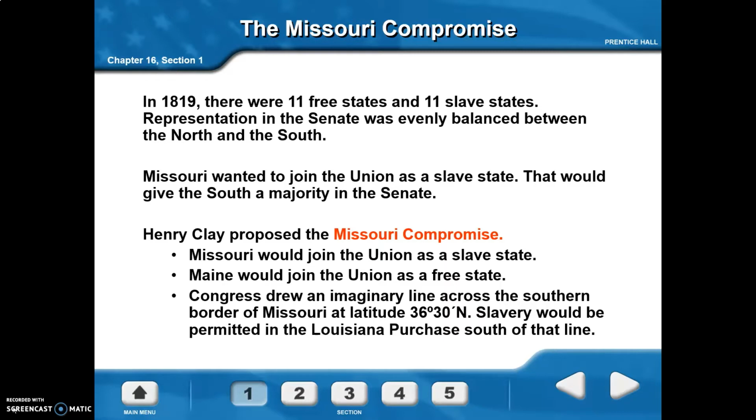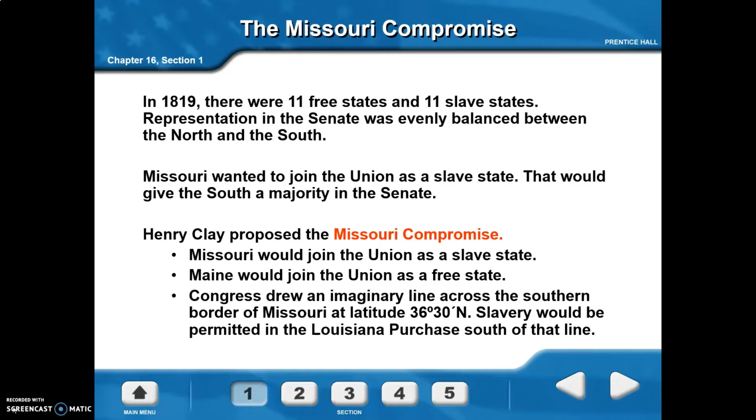And obviously, this state joining the U.S. as a slave state would favor the South more than the North. So they proposed that banning slavery in Missouri was a price that they had to pay so that they could be a part of the Union. That ban obviously made the South very mad, and they claimed that they had a right to expand slavery out west, the land that we purchased from the Louisiana Purchase.